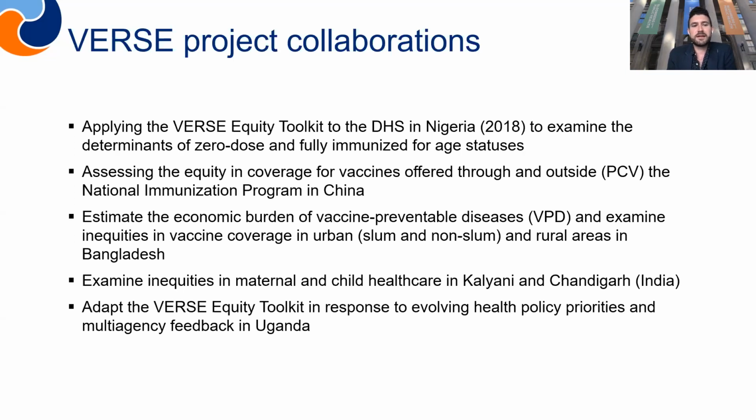The fourth is to examine inequities in maternal and child healthcare outcomes instead of just vaccination outcomes in Kalyani and Chandigarh in India. And the final case study that we'll go over the course of this webinar is adapting the VERSE Equity Toolkit to respond to health policy priorities and multi-agency feedback in Uganda. And that's with Makerere University.